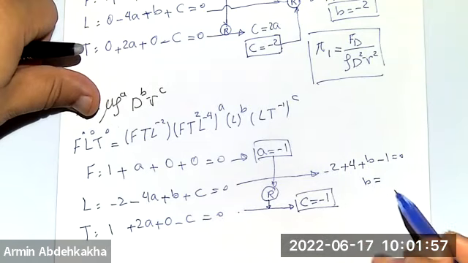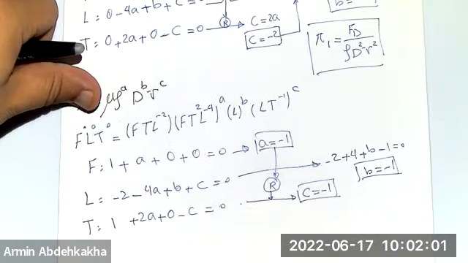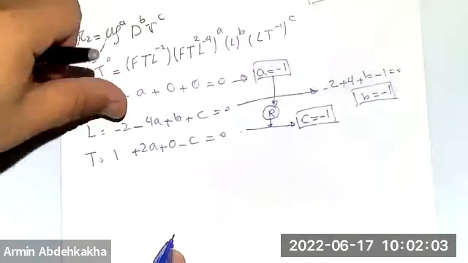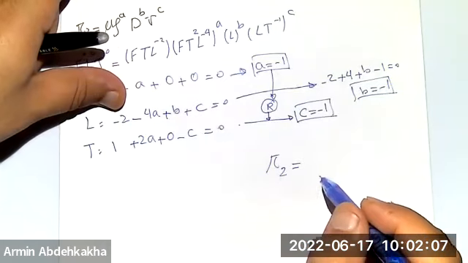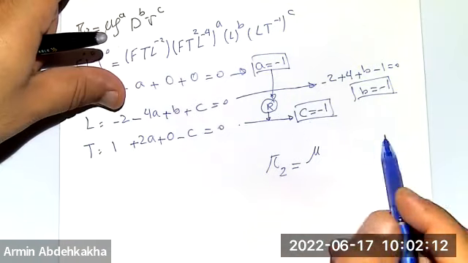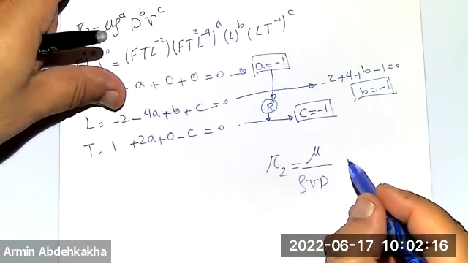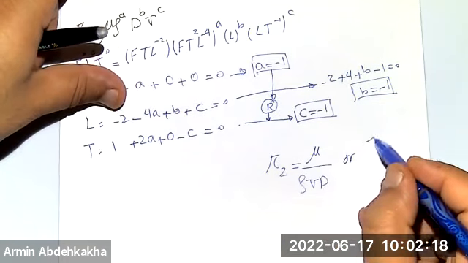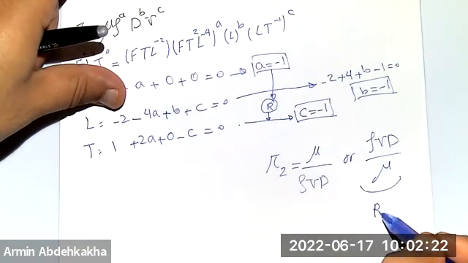Then b is also minus 1. Okay, so what is pi 2? Pi 2 is mu on top, and all comes with the power of 1, rho v d. And you can also write it as rho v d over mu, which is your Reynolds number.